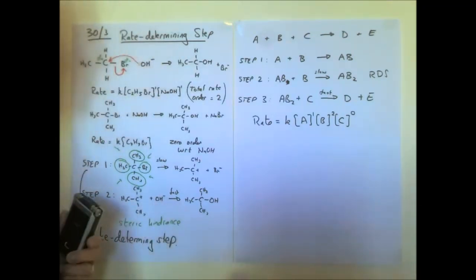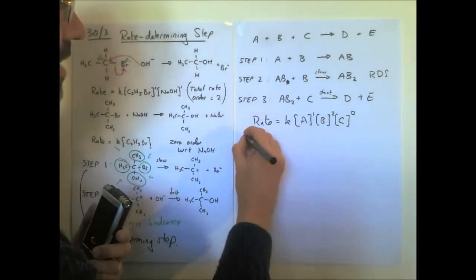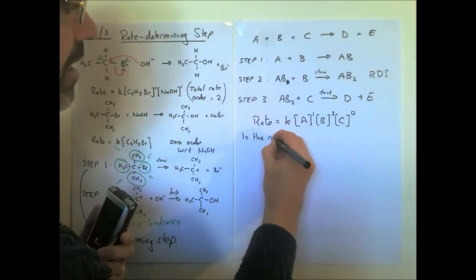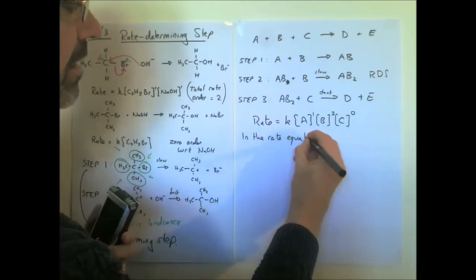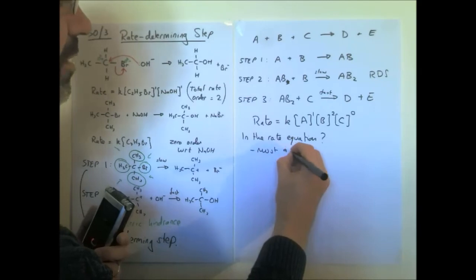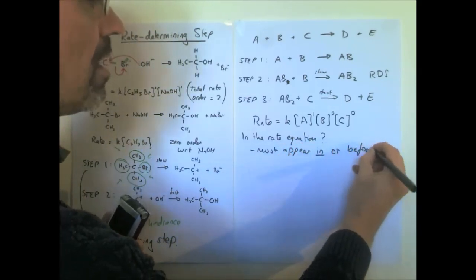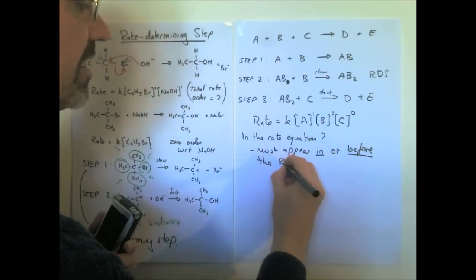So just to summarise those rules there, if it's in the rate equation, A, B or C, whatever it is, it must appear in or before the rate determining step.